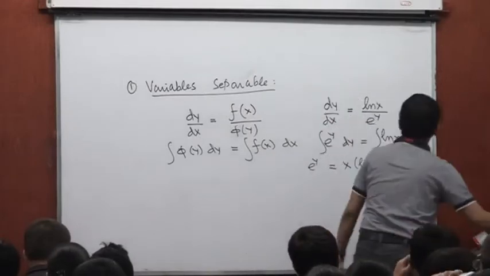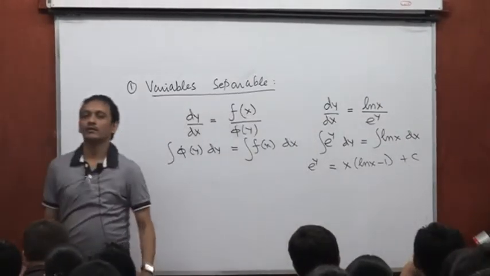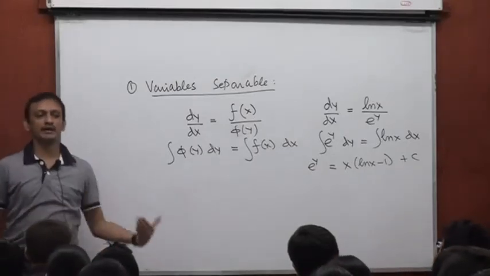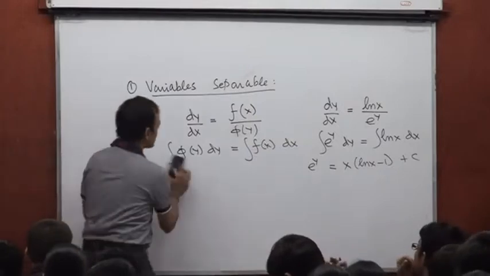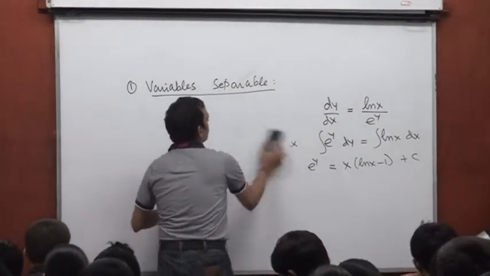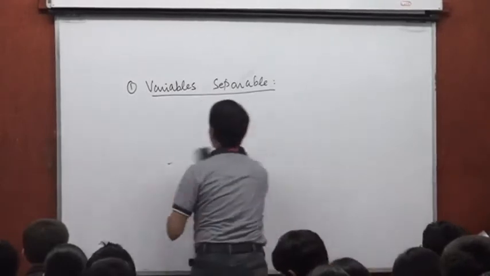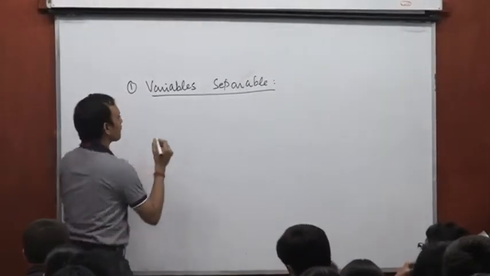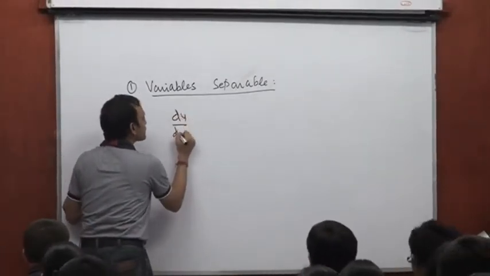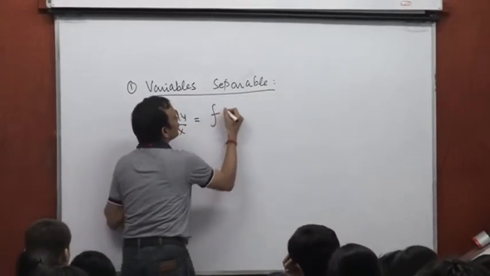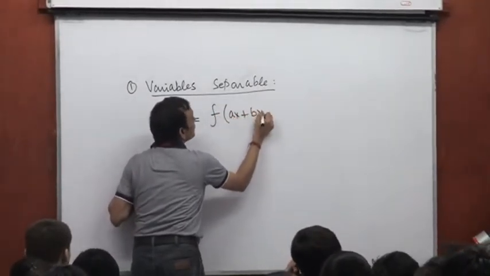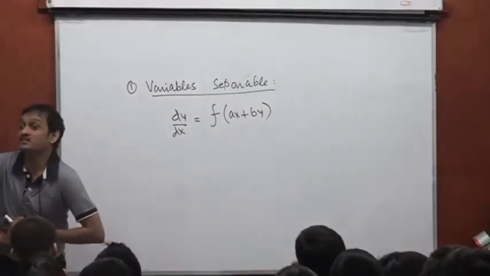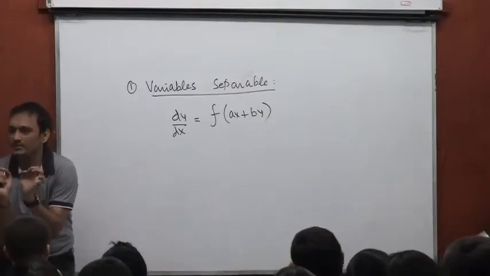Now, there could be situations where you'll have to perform a little bit of manipulation to separate the variables. You could have a differential equation of the following kind. dy/dx, let's say, is some function of ax plus by, where a and b are fixed constants.